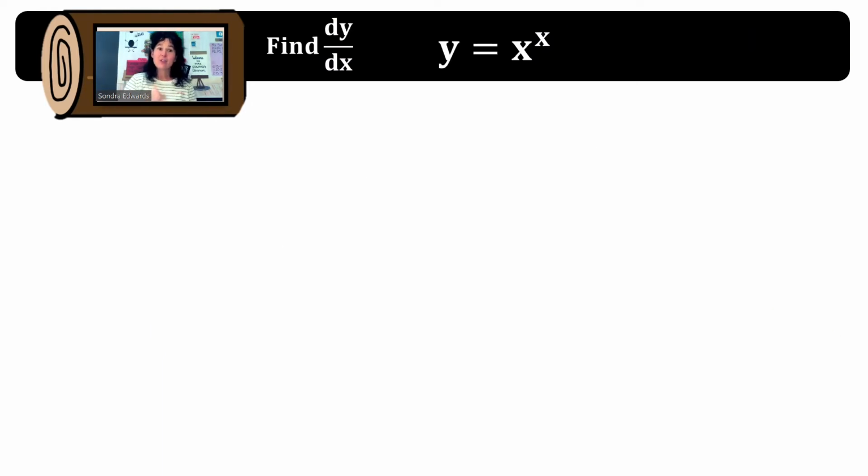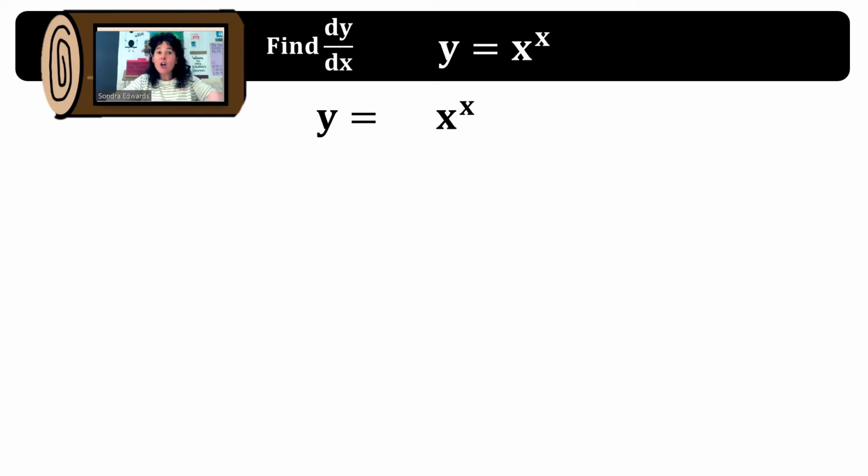Okay, so we've got the derivative of x to the power of x. The giveaway here is we have an x as a base and we also have an x in the exponent spot. So immediately what I'm going to do is log both sides.